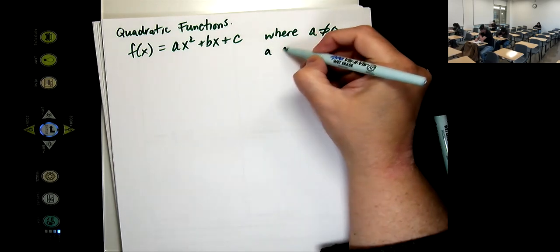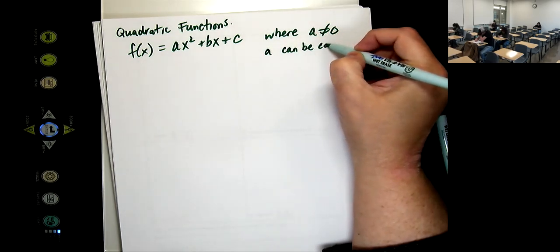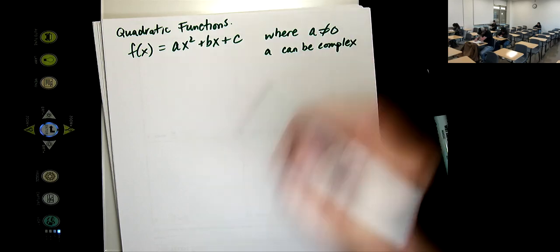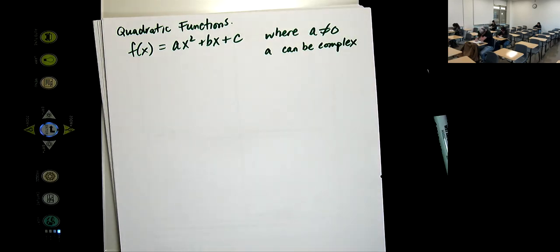And a can be complex, you know, have like an i in it. It can be pretty crappy.